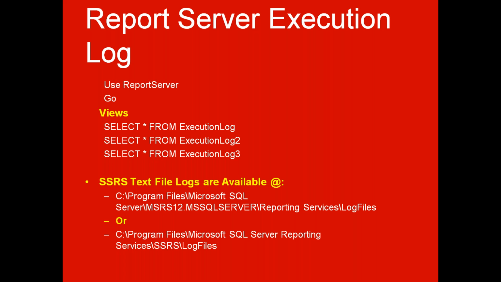You need not create any log. But if there is a problem in your report, you can go to either these views or these locations where you will be able to get logs. Clear? You can just read the log and understand what the issue with the SSRS report is. Clear, guys? So DBA people will be monitoring the logs, and we need not create any log manually. Automatically, the logs are getting created.